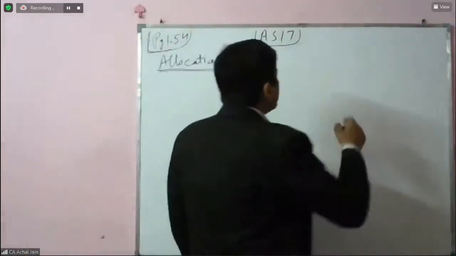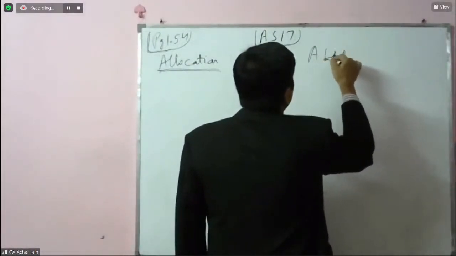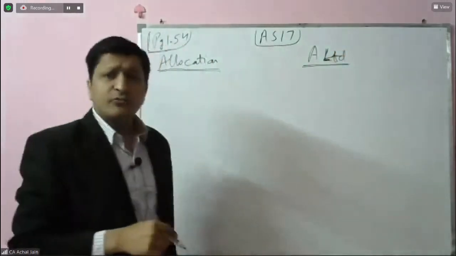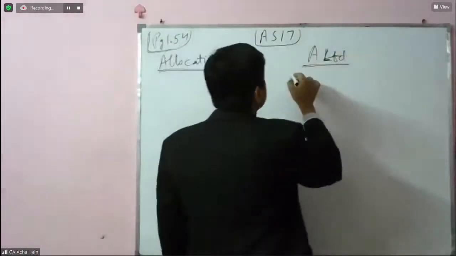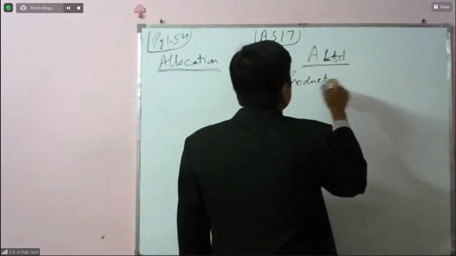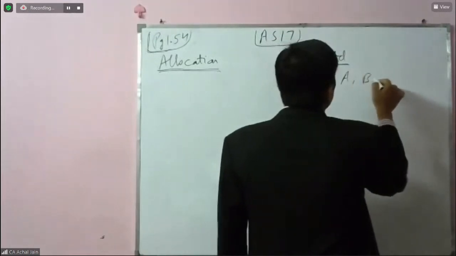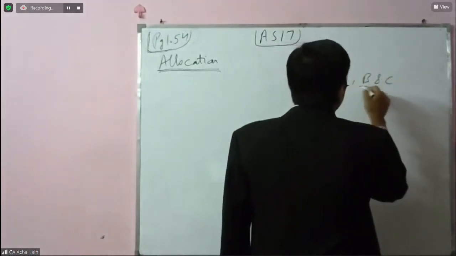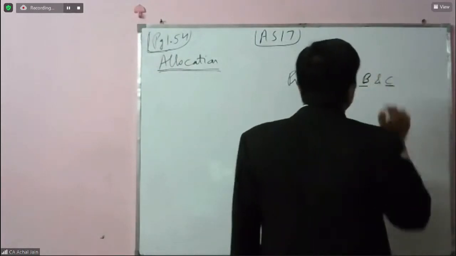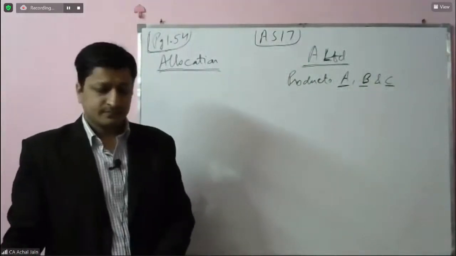See, there is a company which, let's suppose, is dealing into various products. Say product category can be A, B, and C. So broadly, we are saying there are three categories of products.